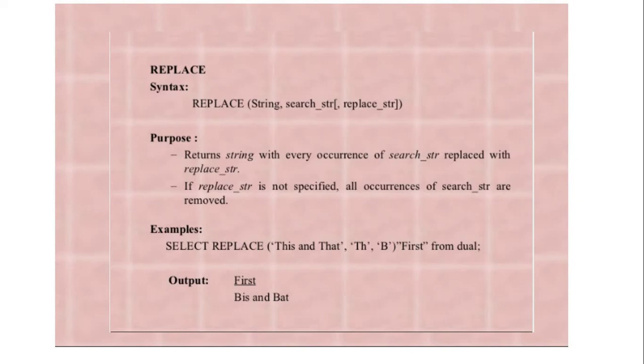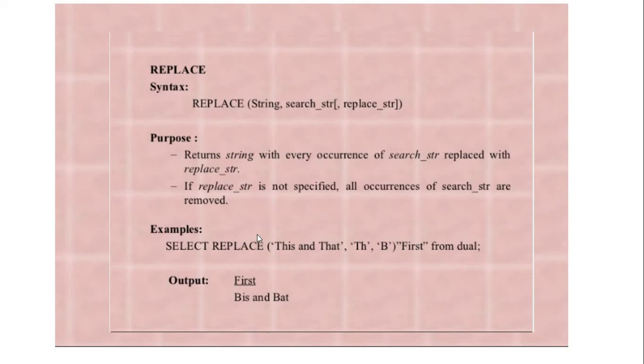It will search the given string, the first parameter, for the occurrences of the search string, and if you have passed the replacement string, it will replace all such occurrences with this replacement string.